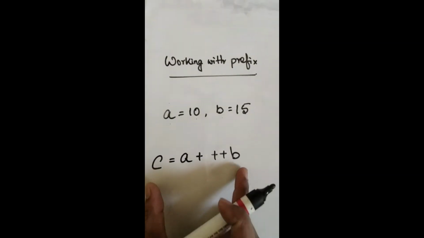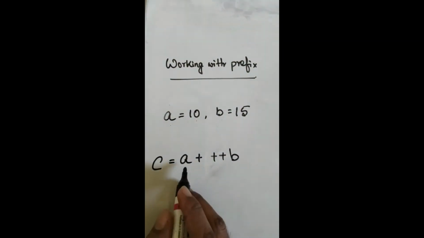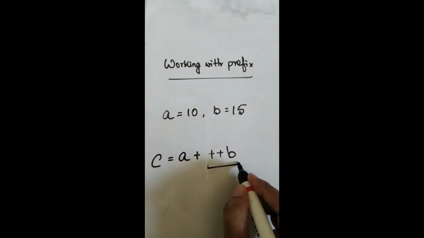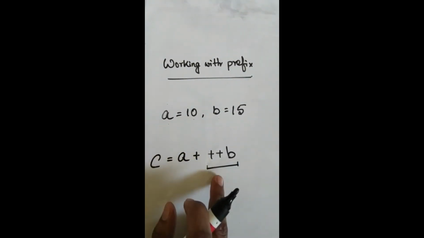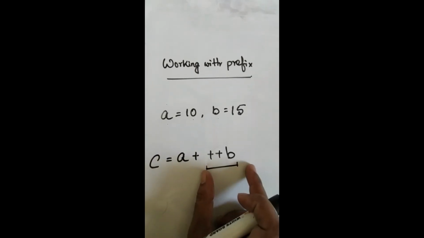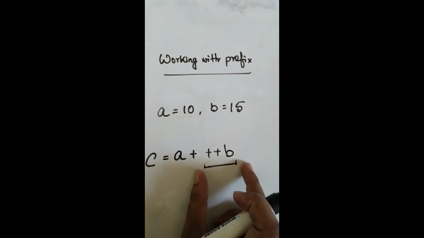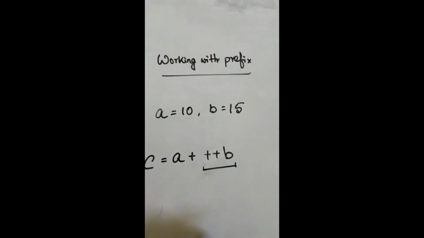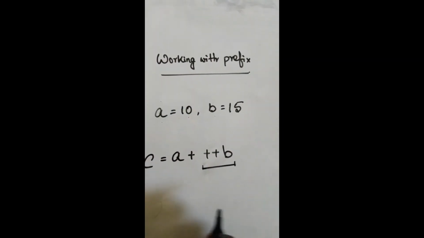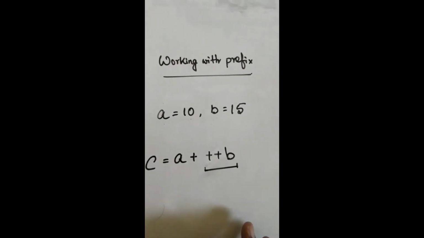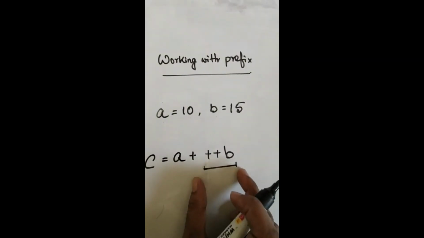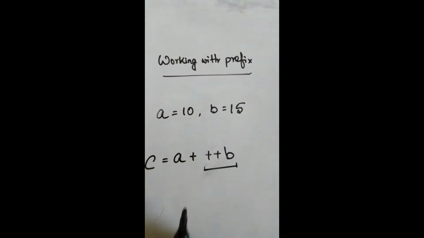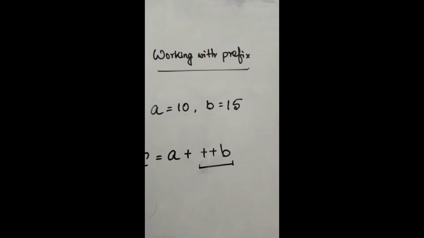Now look at this expression, c = a + ++b. Here ++b is the prefix operation. So first, Java performs the prefix operation before using the value of the operand.